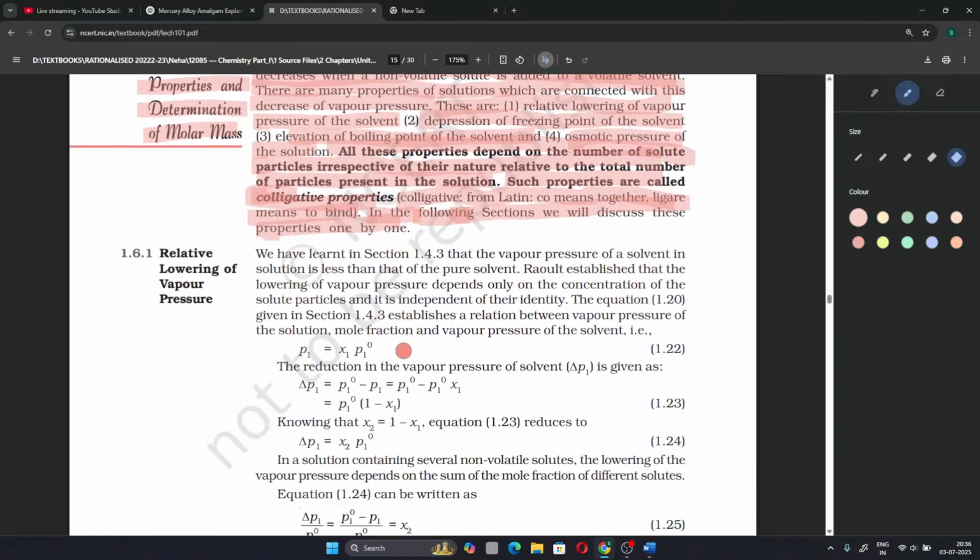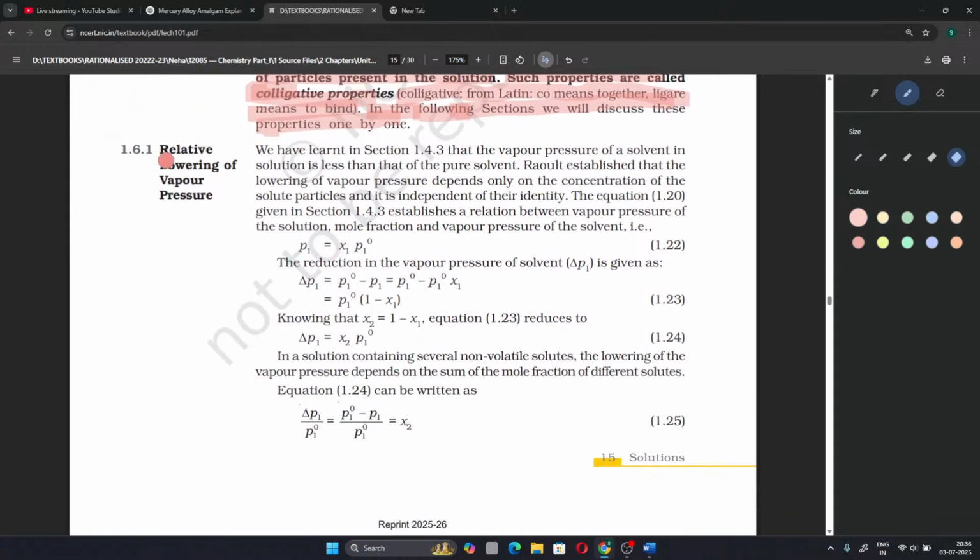The first is relative lowering of vapor pressure. We have learned in section 1.4.3 that the vapor pressure of a solvent in solution is less than that of the pure solvent. Raoult established that the lowering of the vapor pressure depends only on the concentration of the solute particles, and it is independent of their identity.